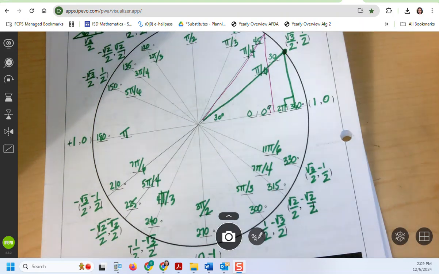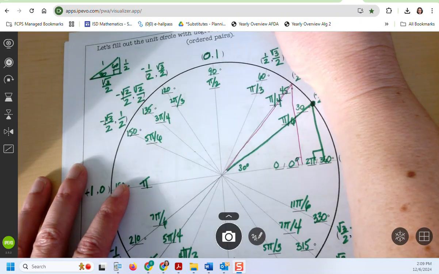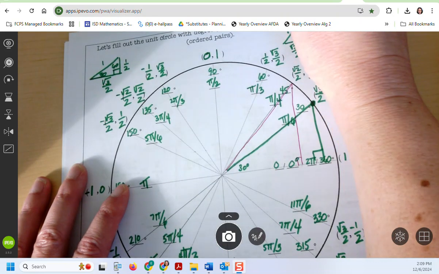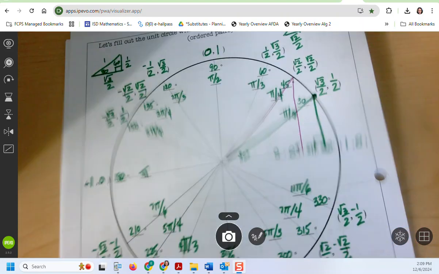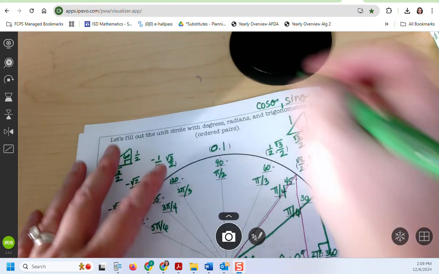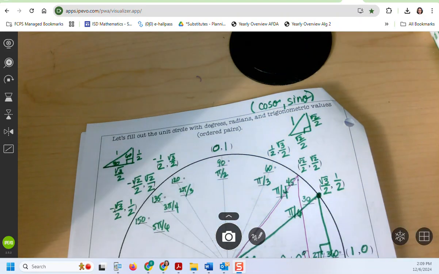All right, so thinking about sine, cosine, and tangent, we know that every point is going to be cosine, comma, sine, right? The cosine's the x, the sine's the y. So if I ask you the sine or the cosine of an angle in the first quadrant, will they be positive? Will they be negative?